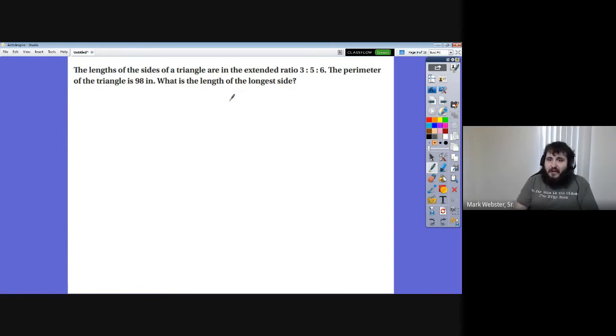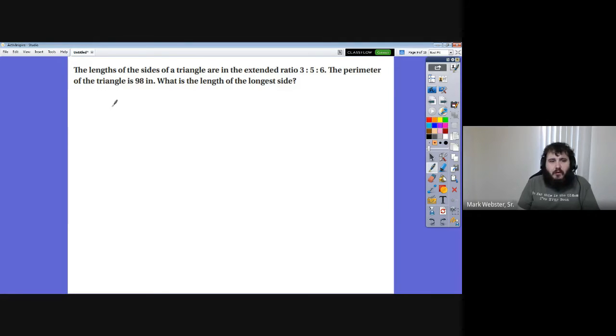So this is a lot like the flower pot one. They tell us the quantities in relation to each other. They give us the total, so we can figure out, well, if I've got 3 parts to 5 parts to 6 parts, they better add up to 98.